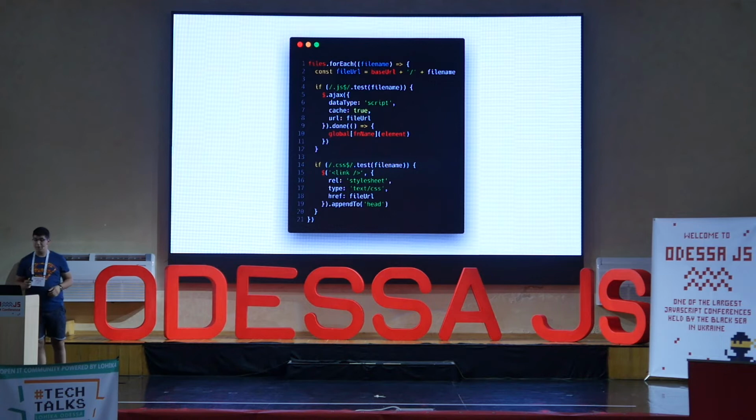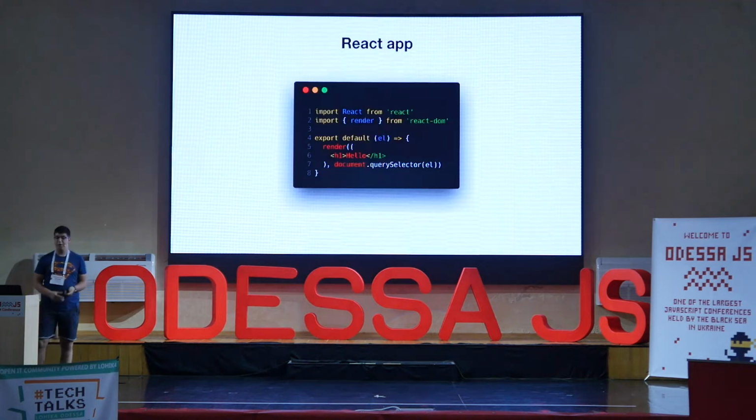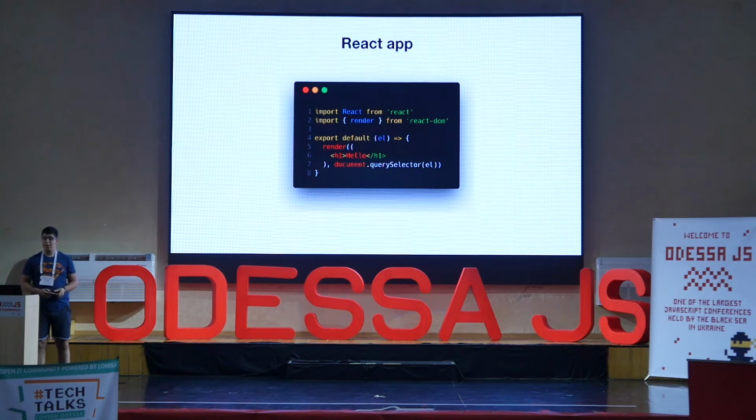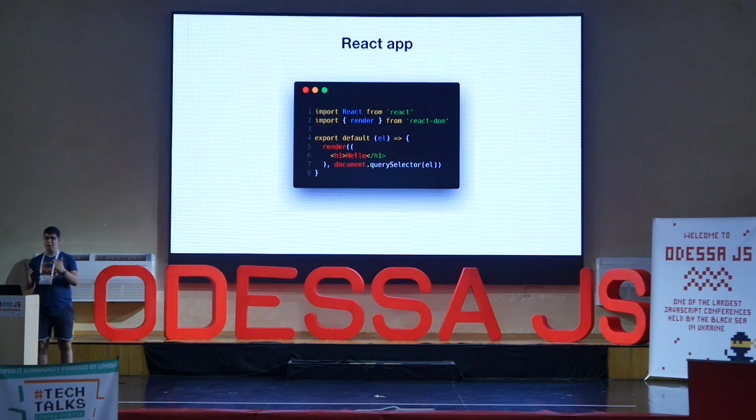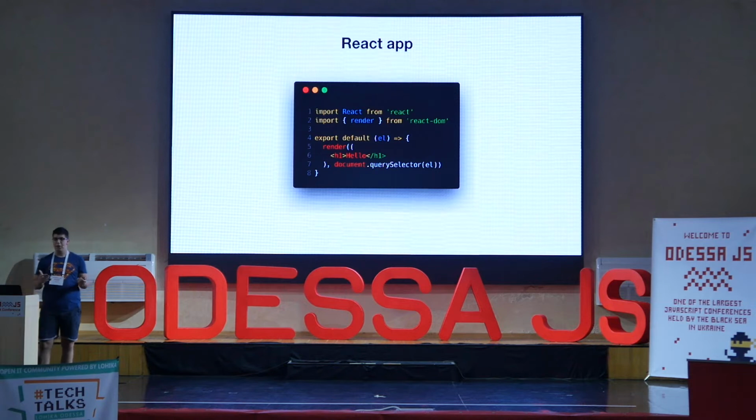Let's see where that's coming from. If you have, for example, a React app, you usually just import React and render, and then you export the default function with an element argument, and you just want to render the React component inside the DOM, to the element with the ID or class that's coming from the argument element.